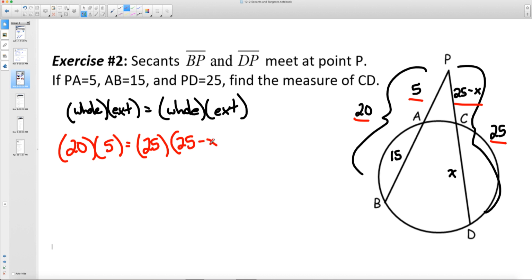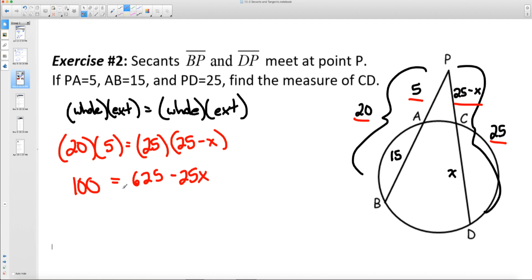Okay, so let's go ahead and multiply this out. That's 100 equals 25 times 25, I think that is 625, minus 25x. We'll solve this out.